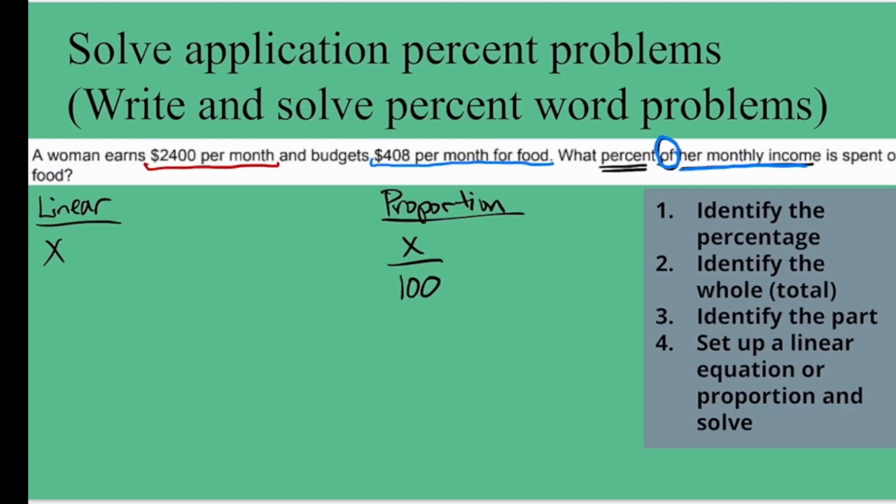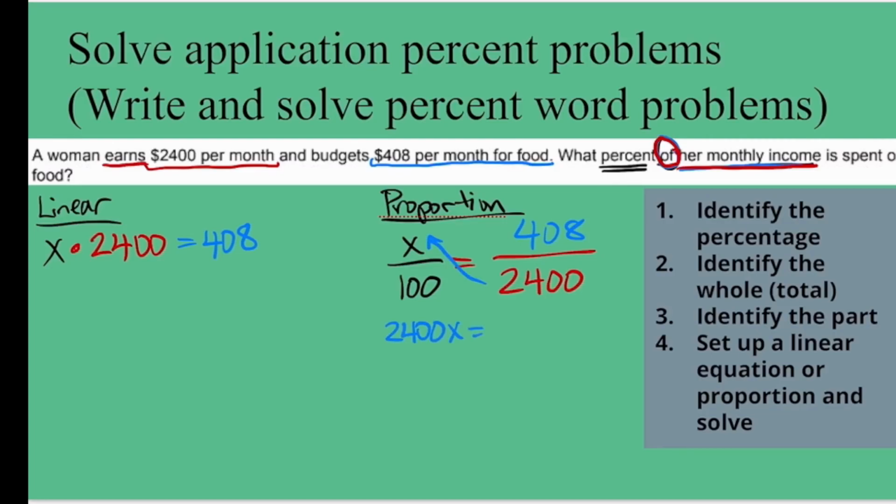Her monthly income is what she's earning. $2,400 is the total, which means that is what we are multiplying by. That's going to equal the 408. That's part of her income. So for the proportion, we cross multiply. 2400x equals 40,800.